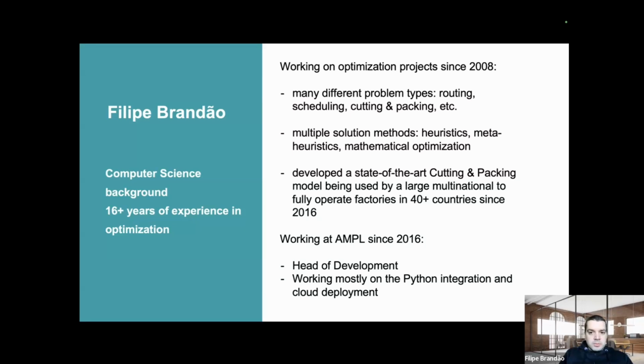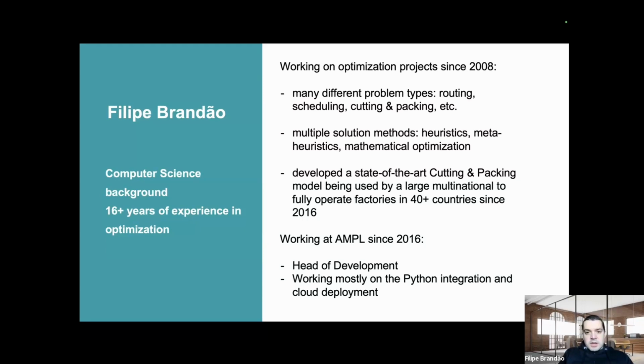During that time, one of the main models that I developed was a state-of-the-art model for cutting and packing that has been used for several years all over the world to fully operate factories and saving a lot in terms of waste materials. Before they were using a heuristic method that was very suboptimal, and now the waste was reduced to almost zero, resulting in massive savings.